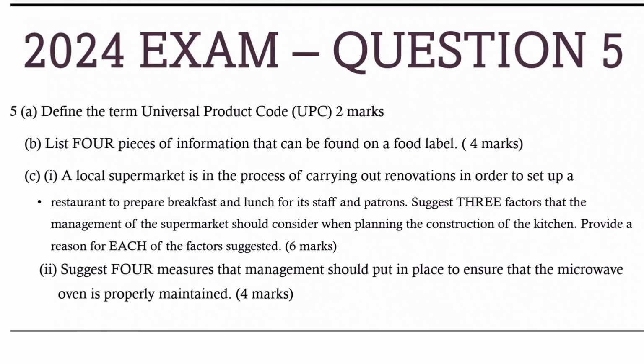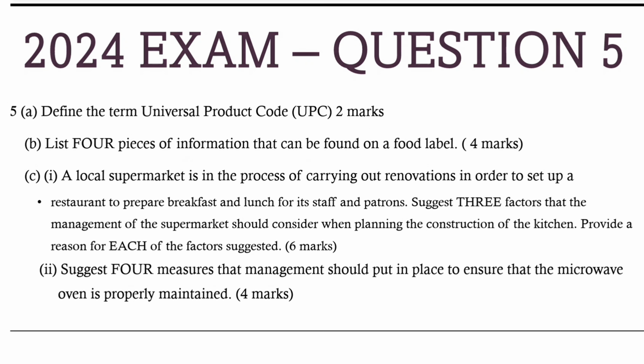Define the term Universal Product Code or UPC. 2 marks. List 4 pieces of information that can be found on a food label. 4 marks. A local supermarket is in the process of carrying out renovations in order to set up a restaurant to prepare breakfast and lunch for its staff and patrons.